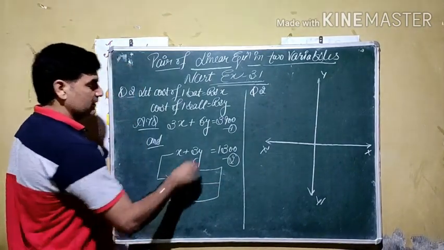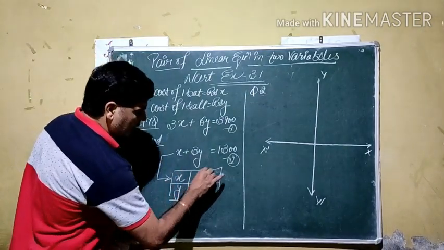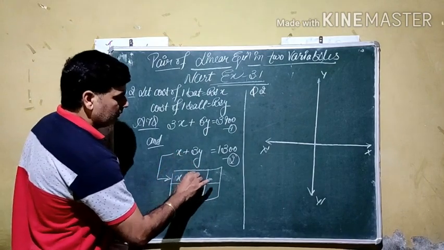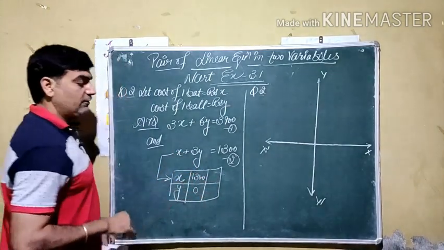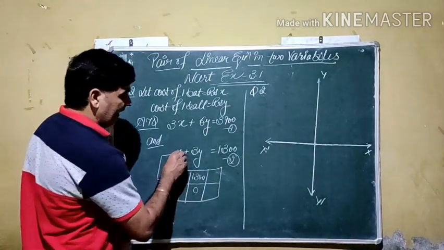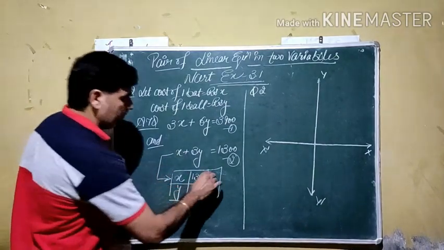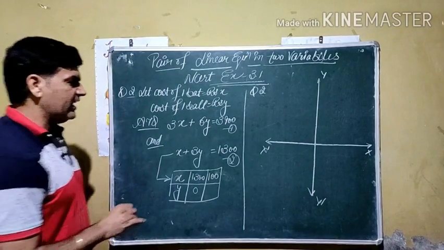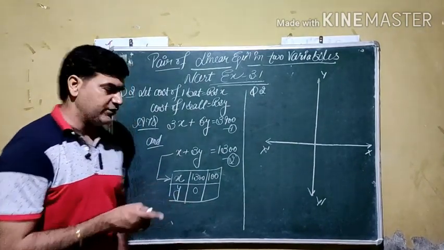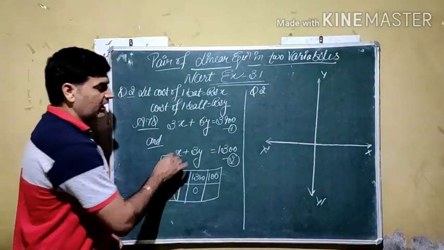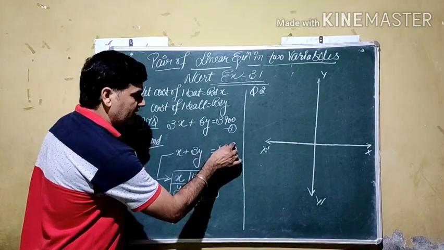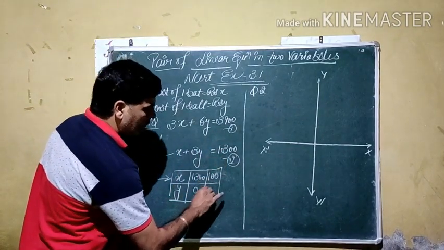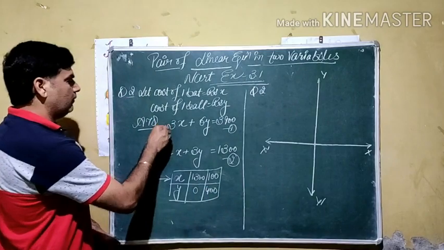If we replace y by 0, what value of x comes out? 1300. Then we use x as 100. Why do we choose this value? We choose the value such that the answer should be a whole number, not a fraction. If we use 100, it moves to the right side as minus 1200. Divide by 3, 400.